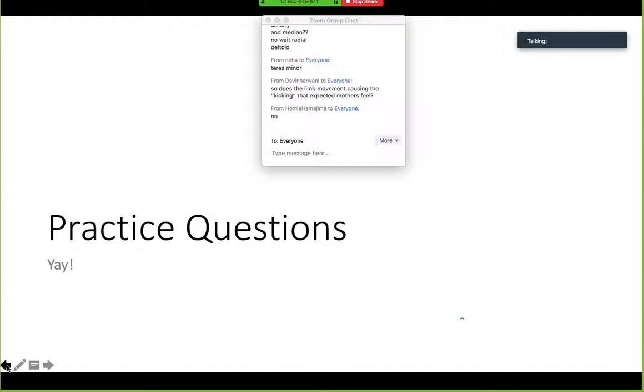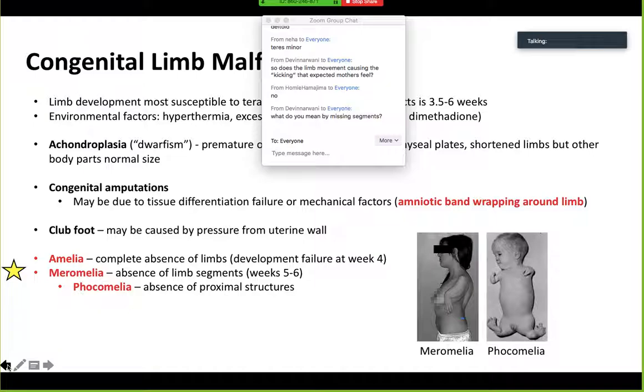All right, is everyone? What do you mean by missing segments? Oh, okay. So I believe what he meant is just that portions of the arm and forearm could be missing.